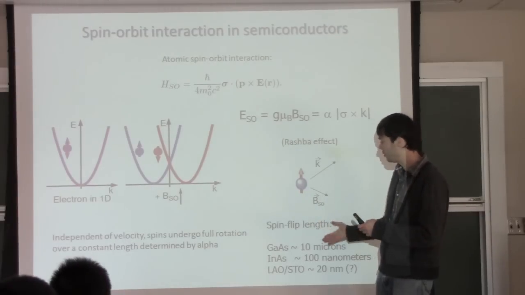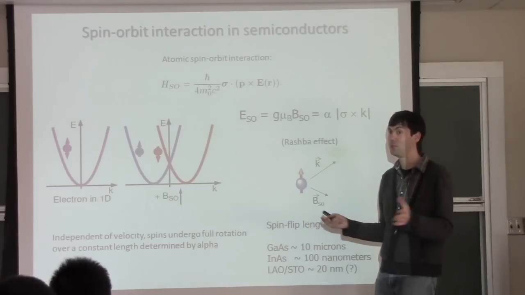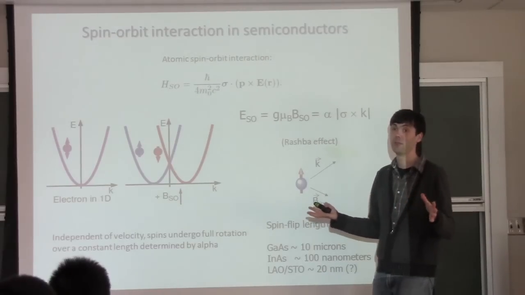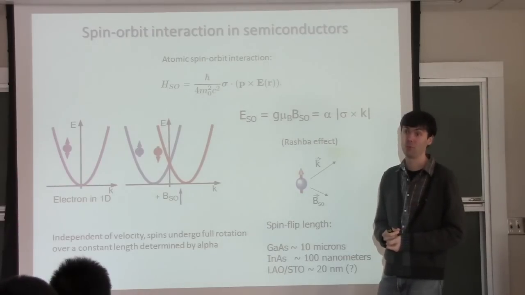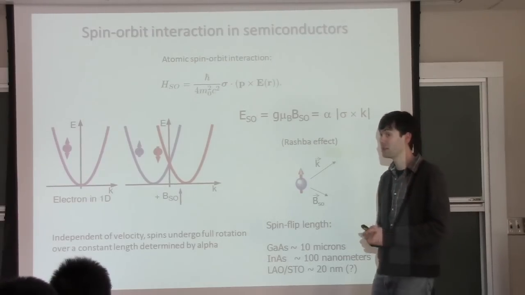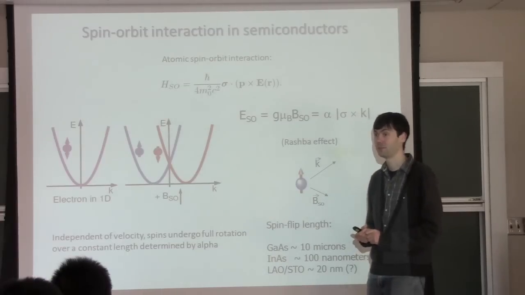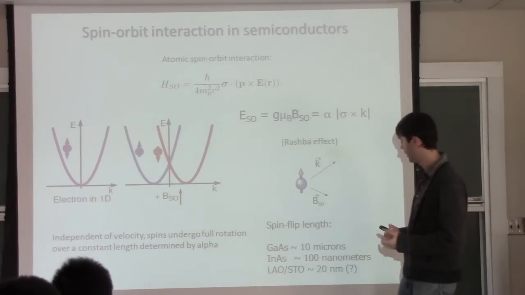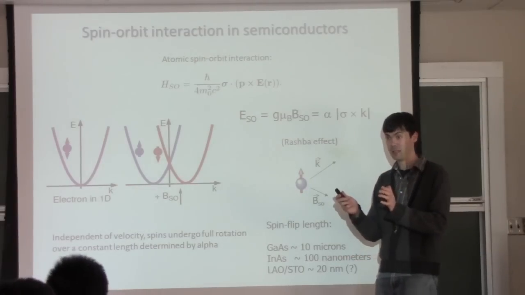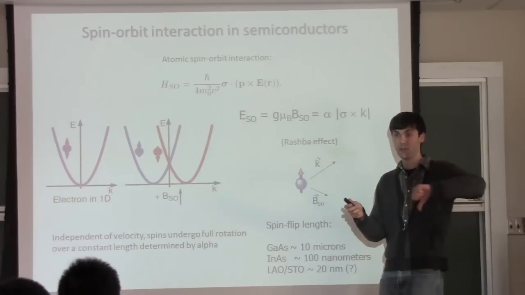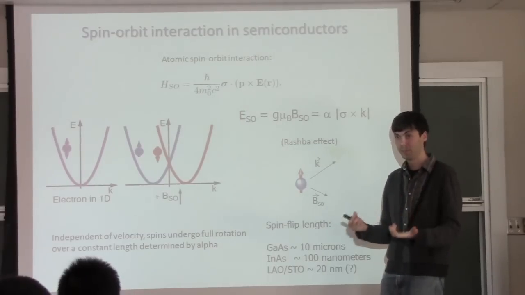So in a gallium arsenide 2DEG, the device has to be microns large or even more to see some of the spin-orbit effects. Though some others can be seen even in tiny dots, but they are very weak. And in indium arsenide, already in a 100 nanometer device, spin undergoes a complete rotation, just going from one side of the device to the other.